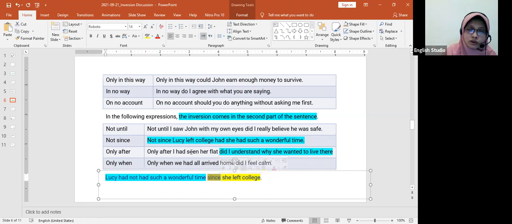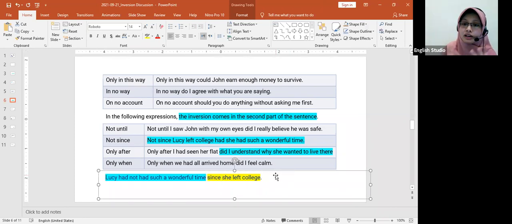That's why, Miss Oti, we can change the word using had in this part, ya. Nggak bisa not since had Lucy left. Kalaupun mau diubah, mungkin not since did Lucy leave college, tapi kayaknya nggak bisa karena memang ini harus in the second part of the sentence. But the point is when you use present perfect tense and you use since, ya, karena kan in present perfect tense itu nggak hanya pakai since, kita bisa pakai for, ya.